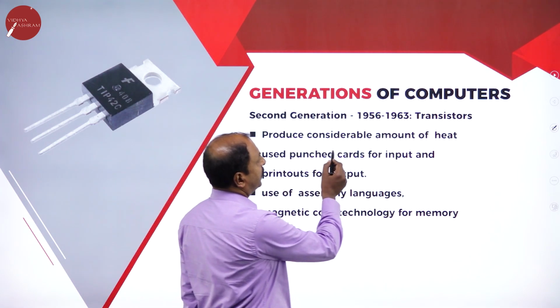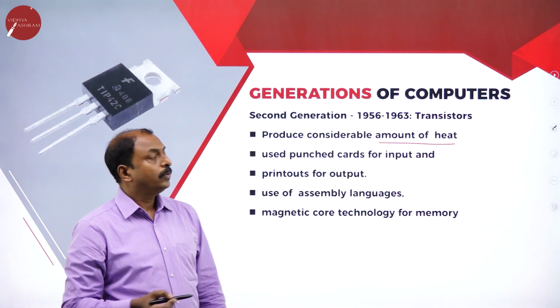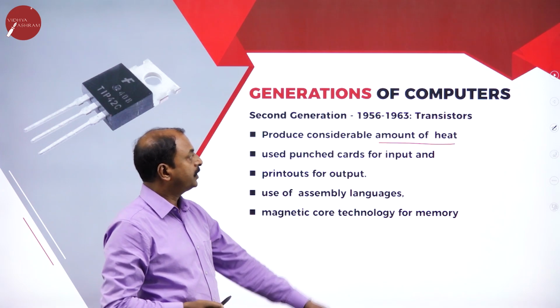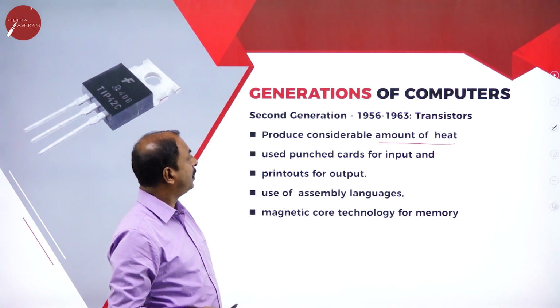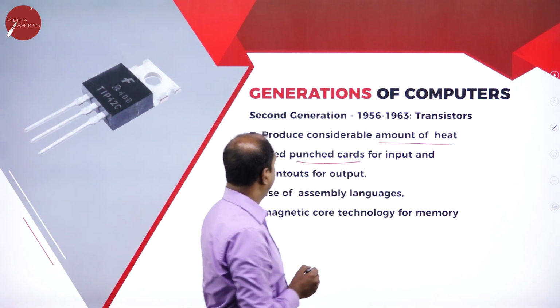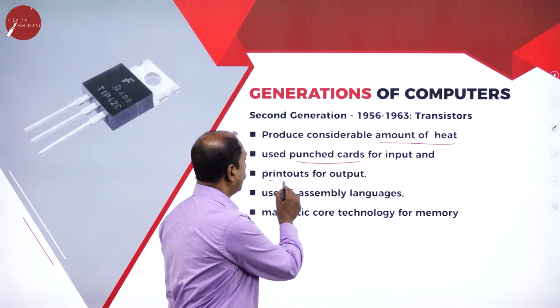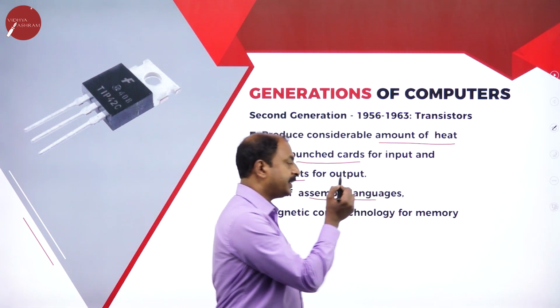This produces a considerable amount of heat as compared to electric valves. They were using punched cards for input and printout for output, and they were using assembly level languages.